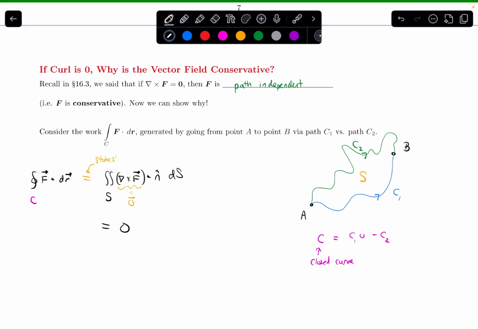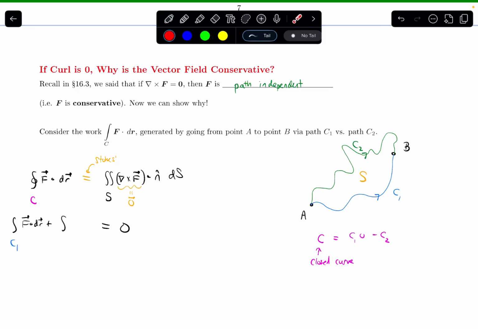So for the left-hand side, I'm going to split up this integral over my closed curve into two pieces. I'll do the line integral over that first piece, C1, of my vector field dot dr, plus the line integral over the second part.